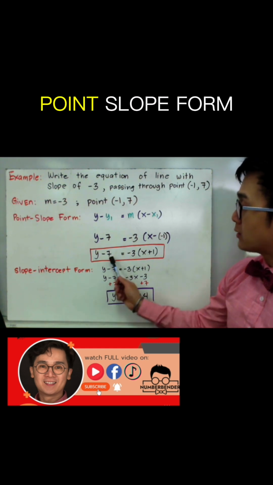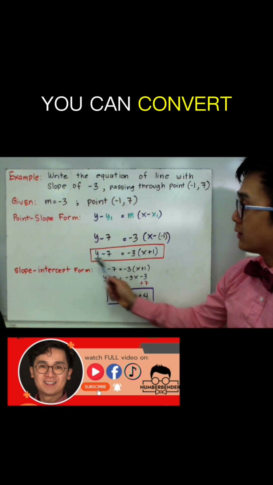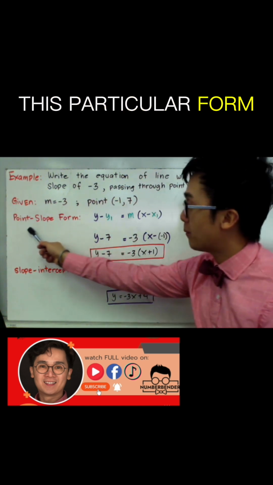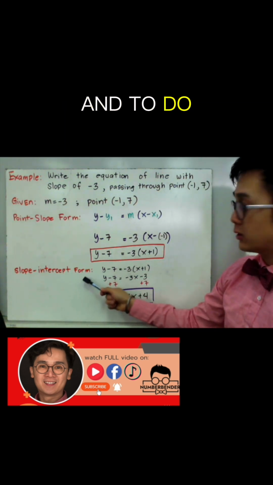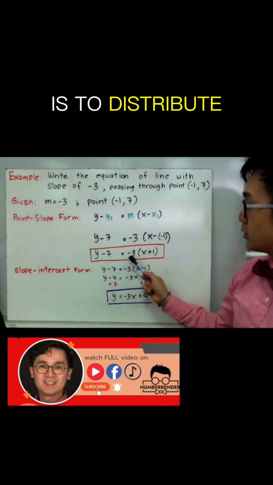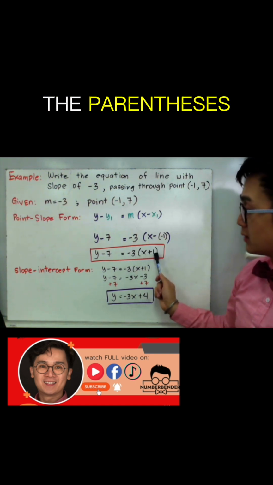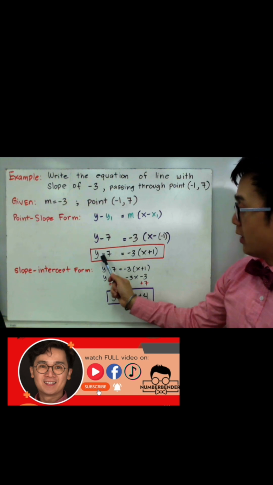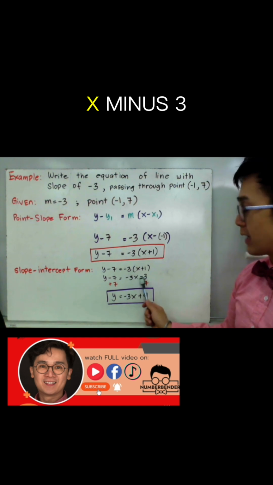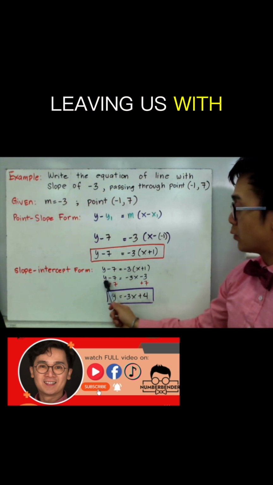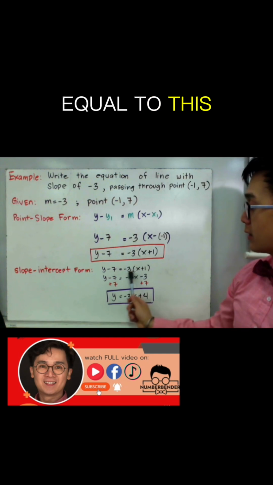Now, from the point-slope form, you can convert this particular form of the equation of a line into the slope-intercept form. To do that, all we need to do is distribute -3 to the parentheses and have y by itself. So, -3 times x plus 1 will give us -3x minus 3, leaving us with y minus 7 equals this expression.